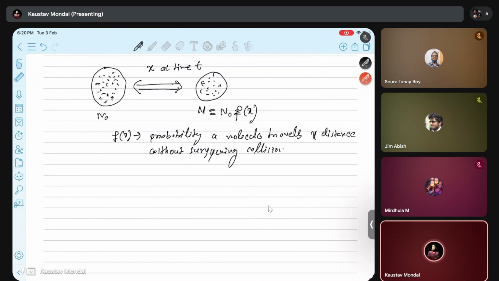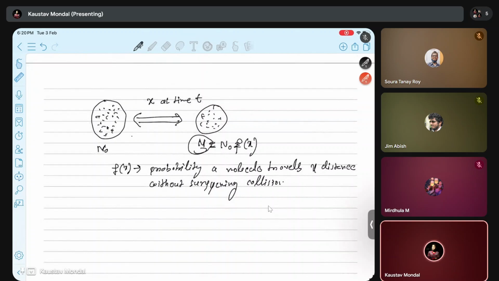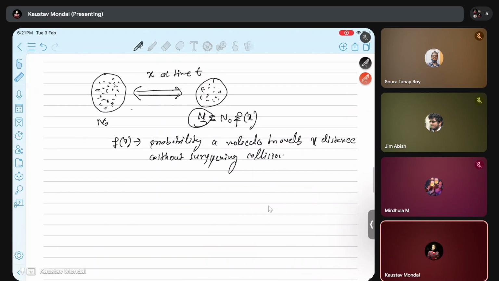So if you multiply n naught by the probability that the molecule doesn't suffer any collision, that gives you the number of molecules that will survive within this distance x. So our main goal would be to calculate this function fx, and how this function looks. If you have any question you can ask.